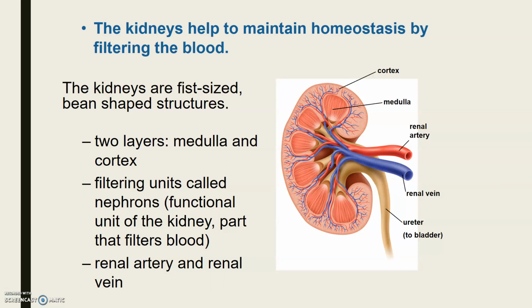These are the main functional unit of the kidney and the part that actually filters the blood for us. The blood is received from the renal artery that you see here, and it exits through the renal vein, shown there in blue. Each kidney is also attached to what's called a ureter, so this small tube here, a tube that carries excreted urine down to the bladder for excretion out of the body.